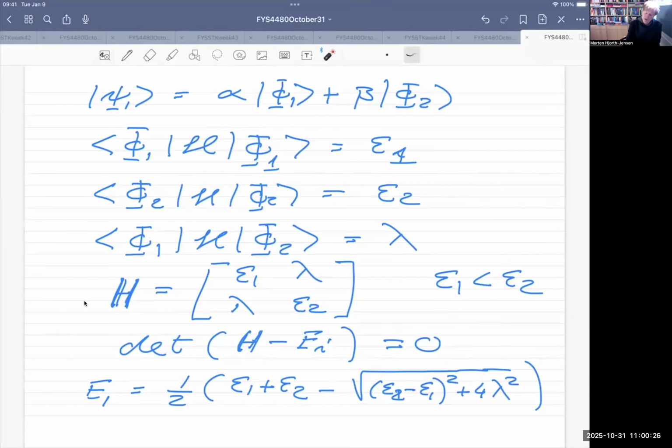And then what we will see is that Rayleigh-Schrödinger perturbation theory is now going to give us terms, order by order, which are essentially the same as you get order by order in terms of lambda squared divided by epsilon 2 minus epsilon 1 squared. But that's something which we will look at after the break. So now it's time to take a small break. So let me just do that.